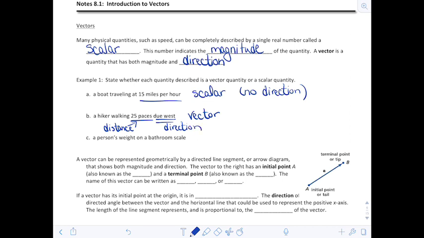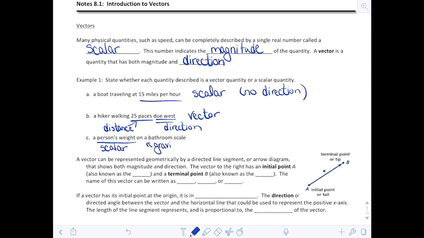And the last one, a person's weight on a bathroom scale. The person's weight is just a number, true. However, the gravity provides direction.